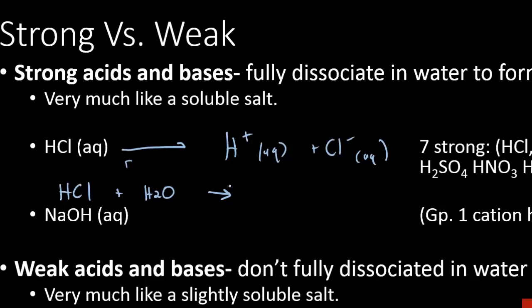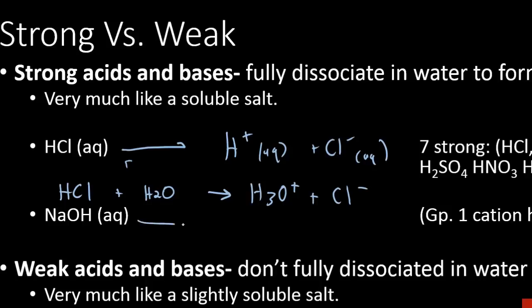It always attaches to a water molecule in the form of what's called the hydronium ion. So you very well may see this equation written as follows, where the water has taken that H+ and then I have my little Cl- floating around. So you may see either one of these.